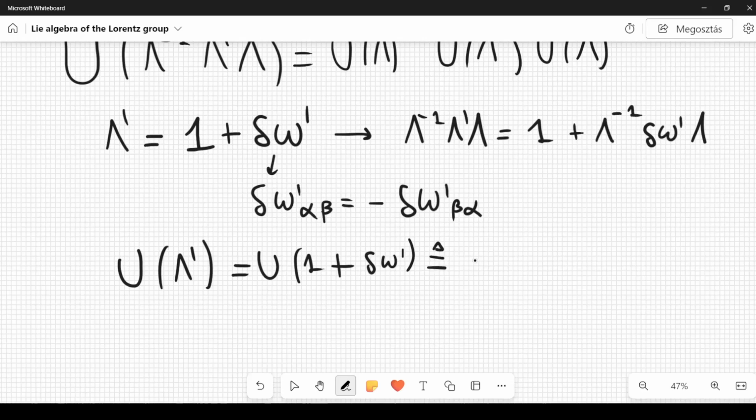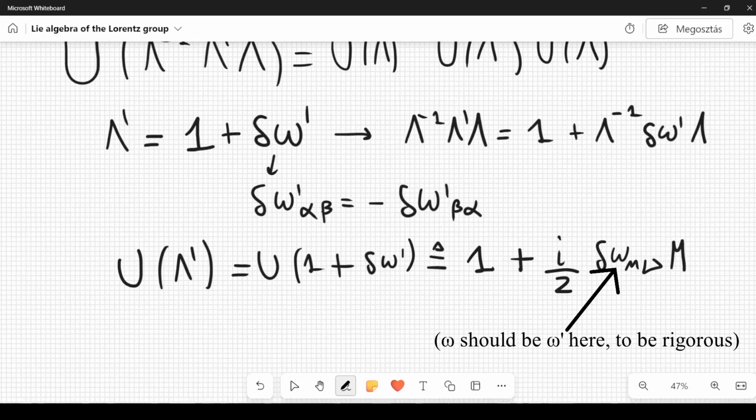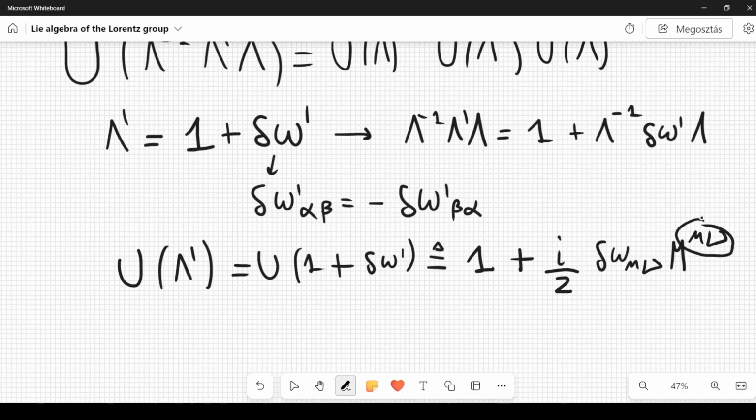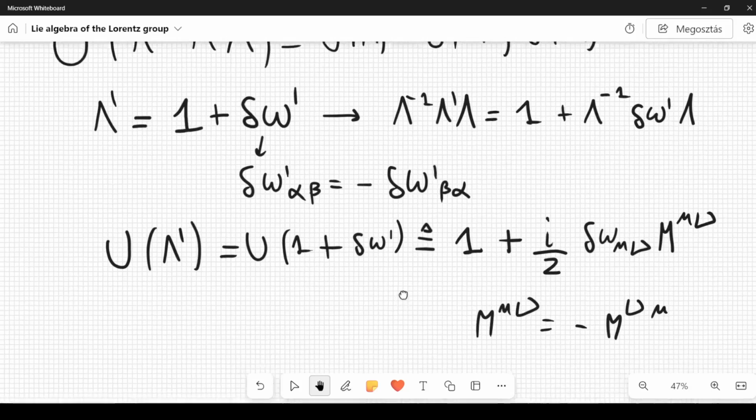We define it to be the identity plus a small perturbation, which we write in the following form: i over 2 delta omega mu nu M mu nu. We sum over mu and nu here, and this is the way in which we expand this term. This implies that we have inserted M mu nu, which is related to the expansion of this operator, where M mu nu is equal to minus M nu mu. So it is an anti-symmetric operator.